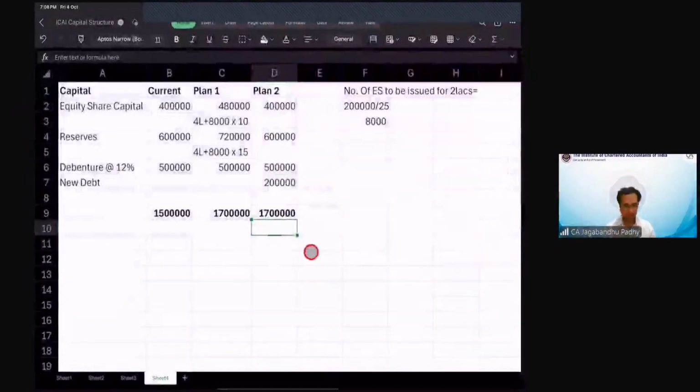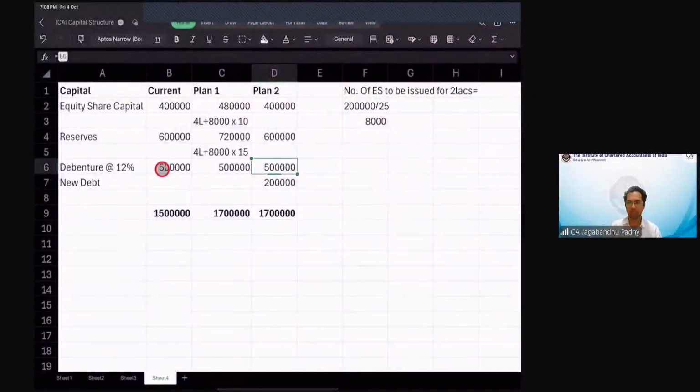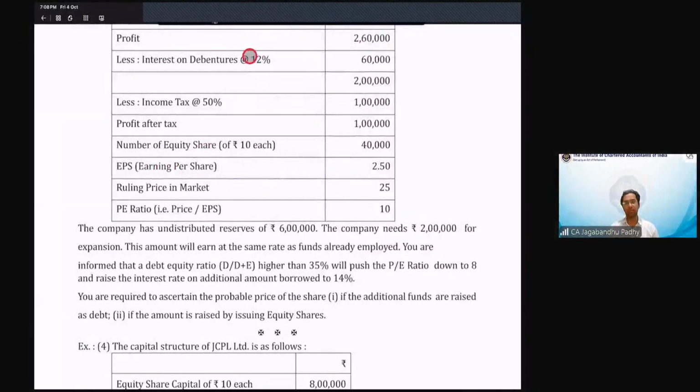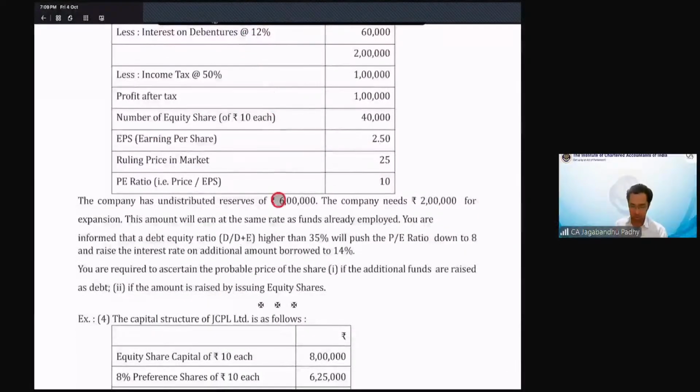Debentures 5 lakh is given. Interest is given, na? Interest 60,000 divided by 12%. So whatever existing return on capital employed you have, same you are going to get even in the new fund.